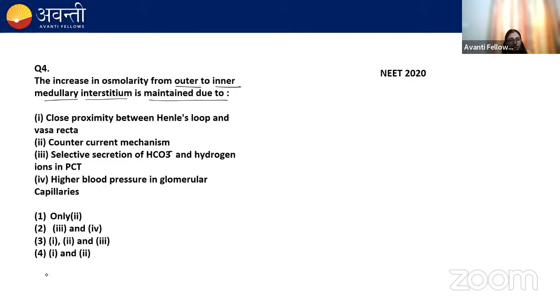First, it is given close proximity between the Henle loop and the vasa recta, counter current mechanism, selective secretion of bicarbonate and hydrogen ions in PCT, higher blood pressure in glomerular capillaries. They are asking: the increase in osmolarity from the outer to inner medullary interstitium is maintained due to. Remember, try to recall the counter current.